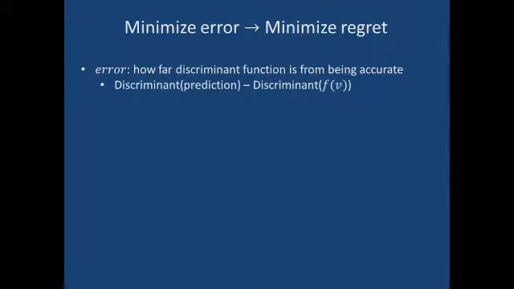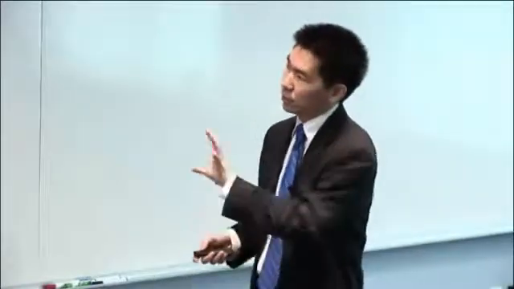The first two theorems look at cases where we have exact incentive compatibility and exact classification. Here we're going to look at cases where the classification isn't exact, but it tries to minimize some sort of error function. In particular, let's define the error of a classifier as the value of the discriminant function on the thing that the classifier predicts minus the value of the discriminant function on the true target.